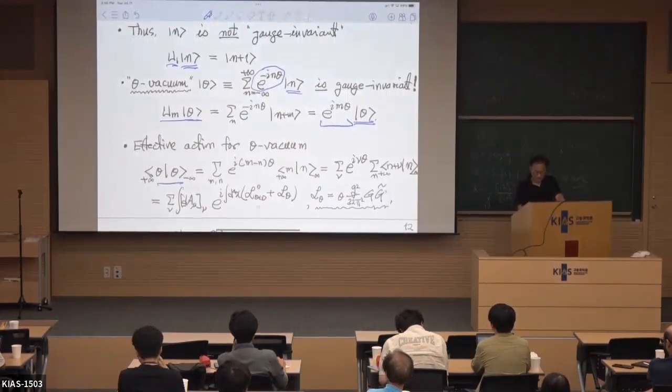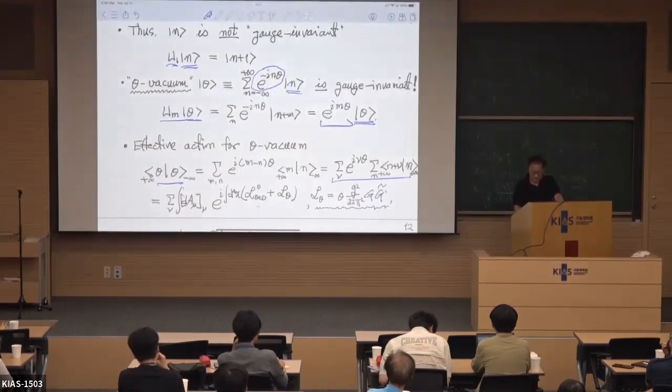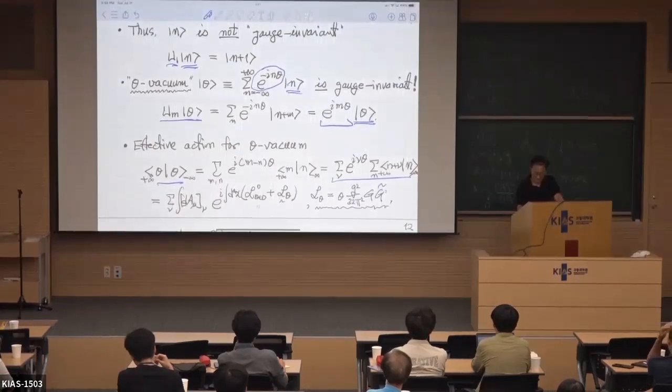So you take this matrix element of our true vacuum. Then after some calculation, you will get this kind of expression, and this is equivalent to adding the so-called theta term in the Lagrangian.